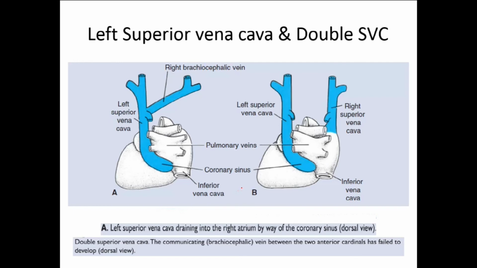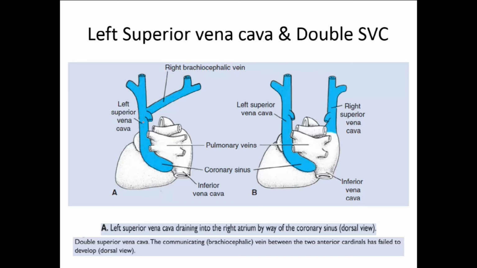Now coming to the anomalies. First of all, we talk about the superior vena cava. Rather than a right sided superior vena cava, you may have a left sided superior vena cava. And if it is present, how will it be formed?